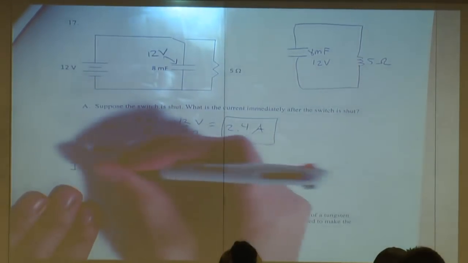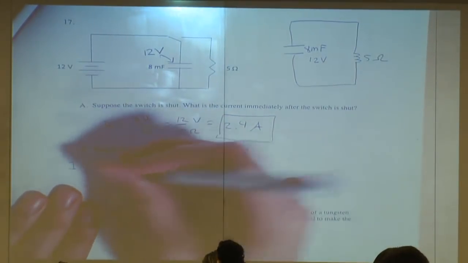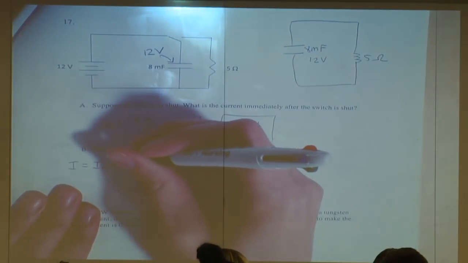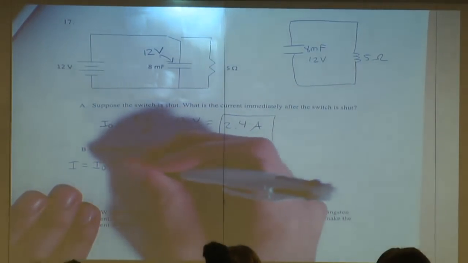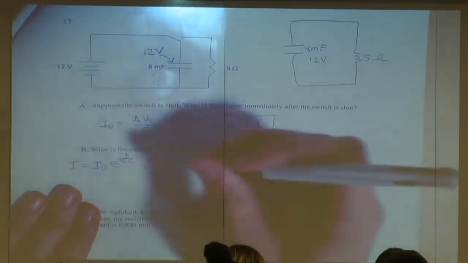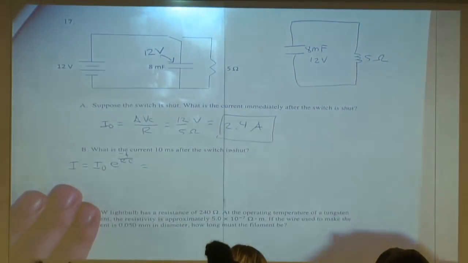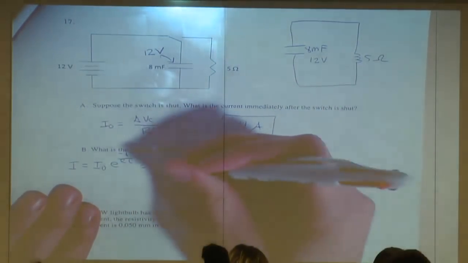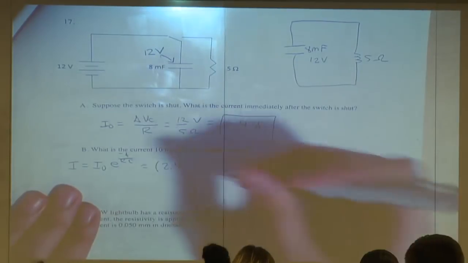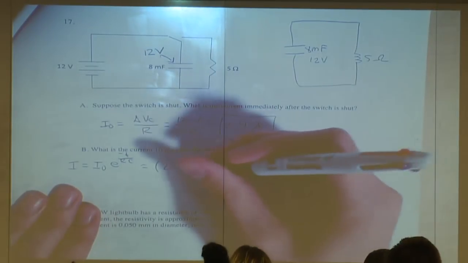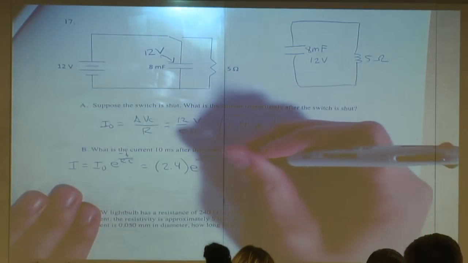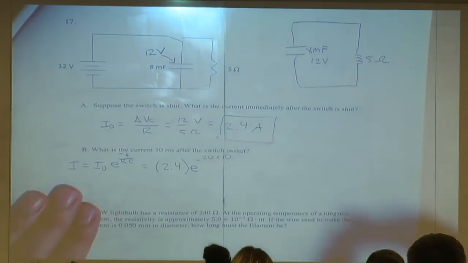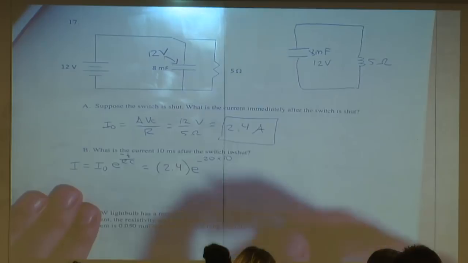It's going to be I equals I initial times e to the negative t over RC. I don't mean to scare you, because I know you guys probably haven't seen this equation in a while. So for this one, the initial current should be 2.4 times e to the negative, why did I put 20?